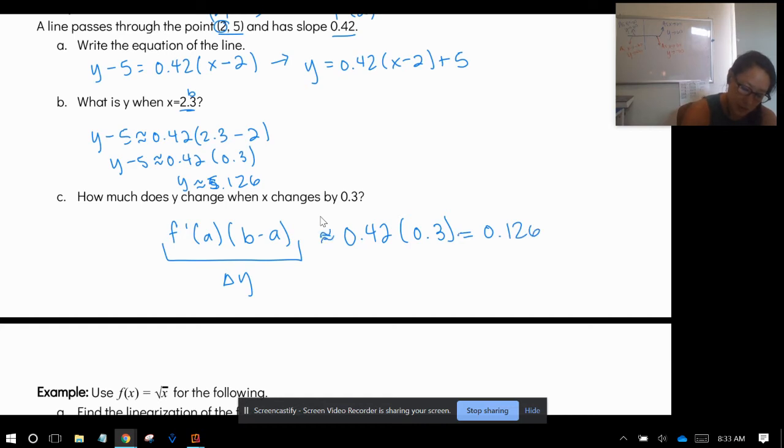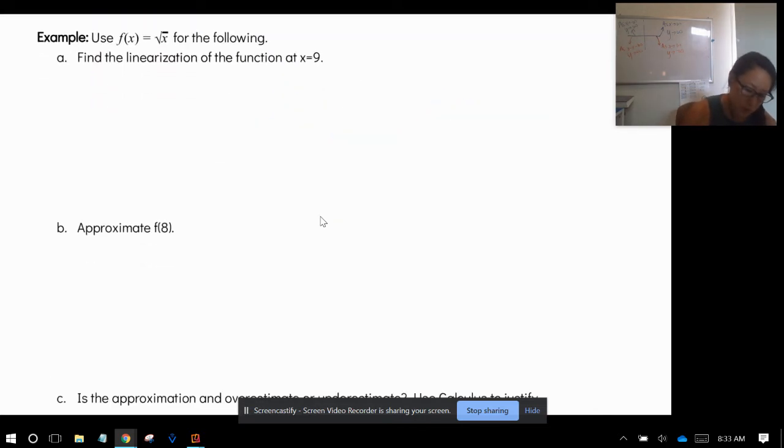So we estimate that we are about 0.126 change from the value at x equals 2.